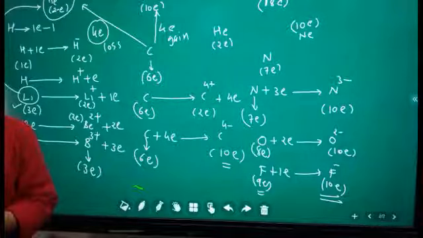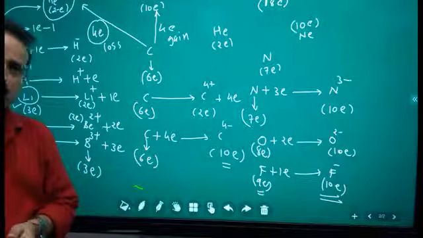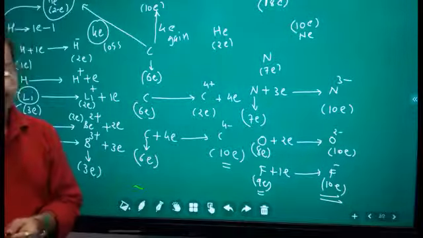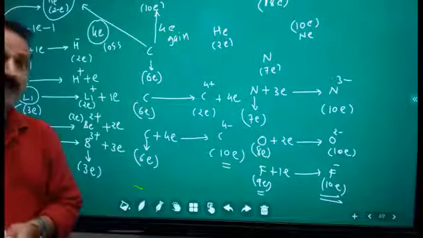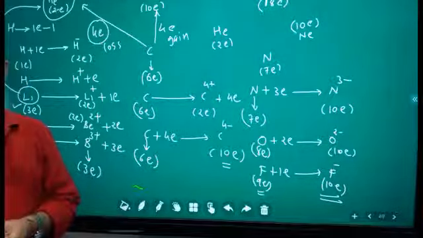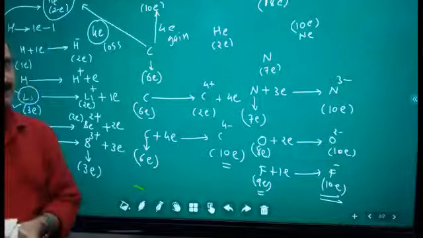So this is the charge obtained by an element by losing or gaining electrons, depending on the nearby noble gas.